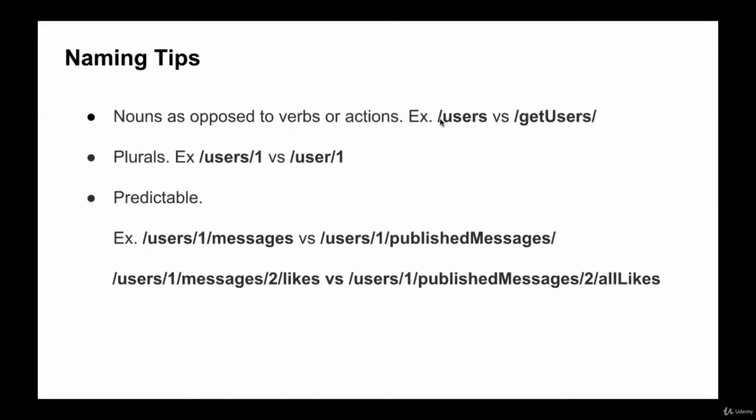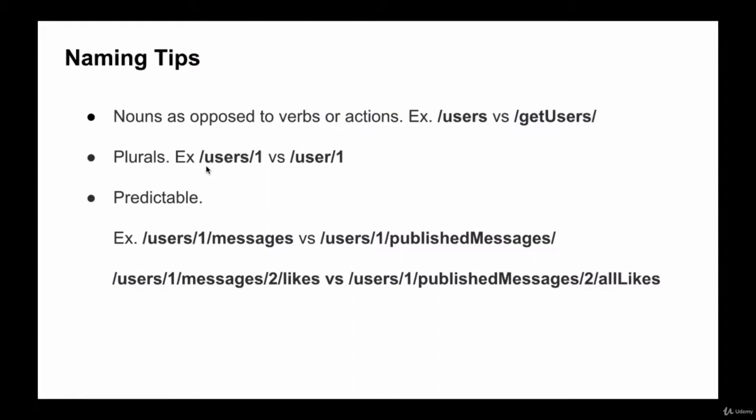And here I have a few naming tips. For example, the very first one is we use nouns as opposed to verbs or actions. An example will be users rather than get users, so we take the action out of the URI name. And we use plurals when we are naming collections.